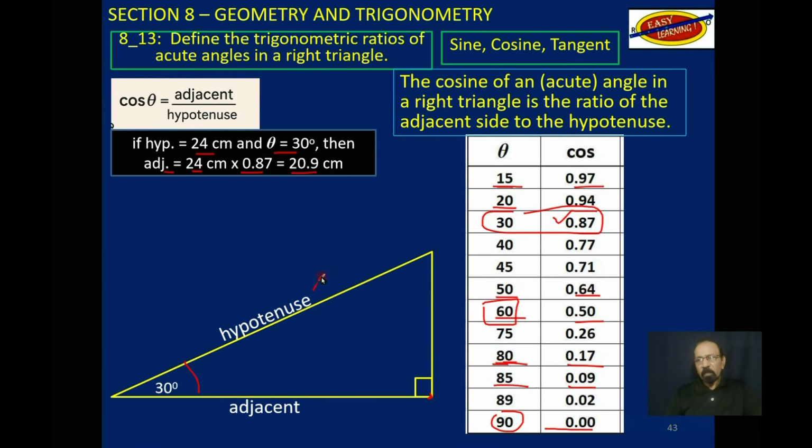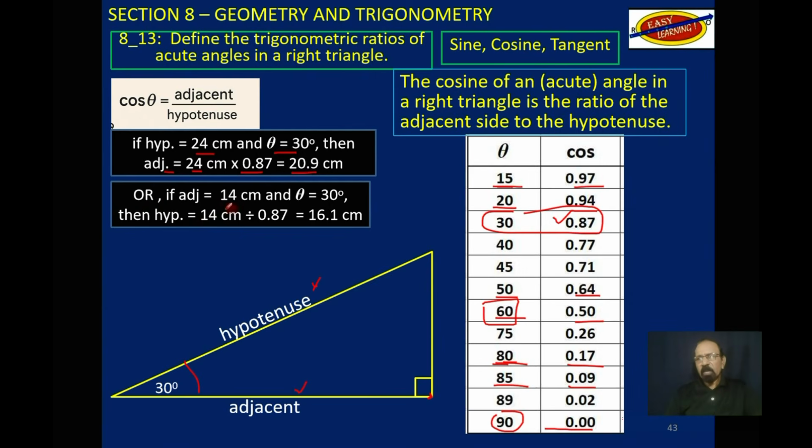So when that is 24, this is 21, a little shorter. Or if the adjacent is 14 centimeters, at 30 degrees, the hypotenuse will be 14 divided by 0.87, which would give you 16.1 centimeters. So they are almost the same. The hypotenuse is a little longer.